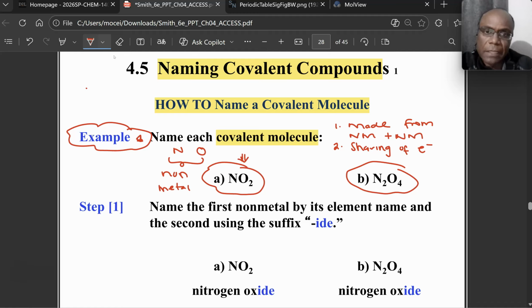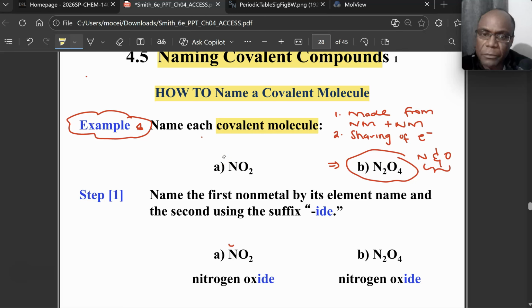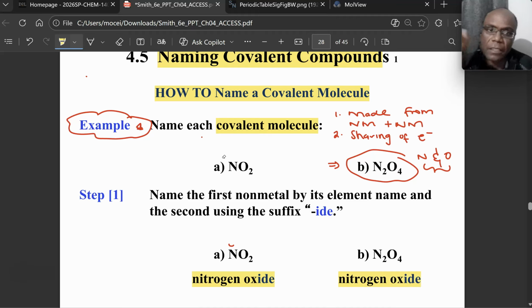Now, if it's covalent, then there's a system of naming covalent molecules, which is different from naming ionic molecules. So here I have a nitrogen and I have an oxygen. So these two make a compound. Now look at them. Both of them are types of nitrogen oxides. They have a nitrogen and an oxide. So we really have to differentiate them even better, not just call this nitrogen oxide and this nitrogen oxide.